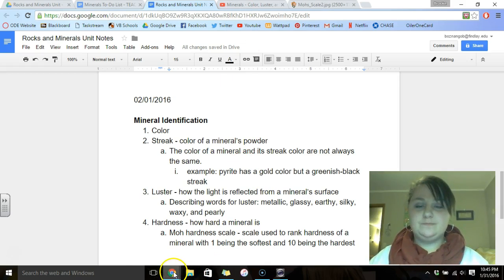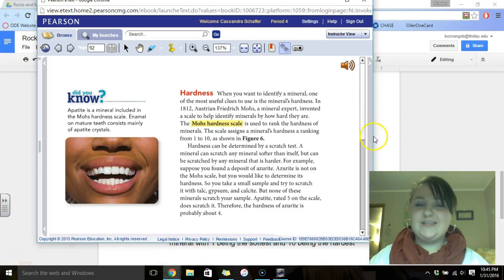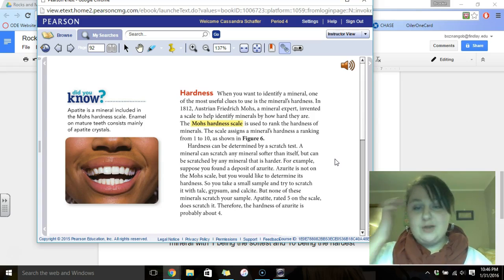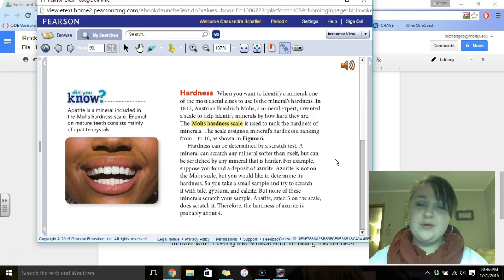So, let's go back to our text. Hardness can be determined by a scratch test. A mineral can scratch any mineral softer than itself, but can be scratched by any mineral that is harder. For example, suppose you found a deposit of azurite.